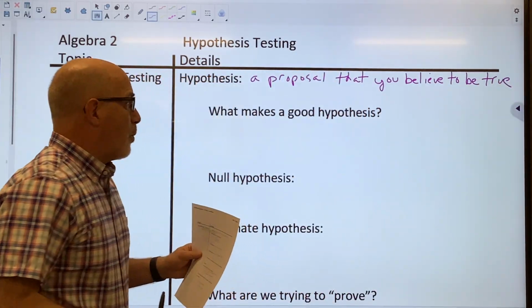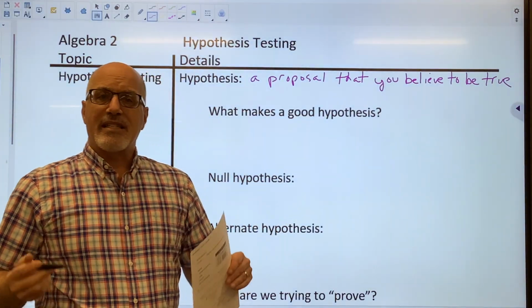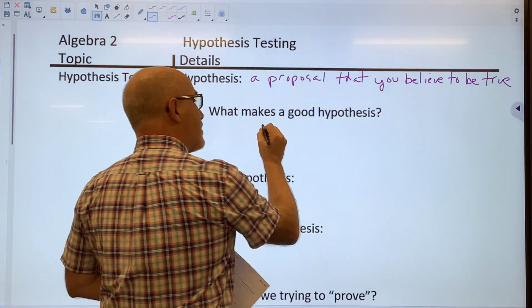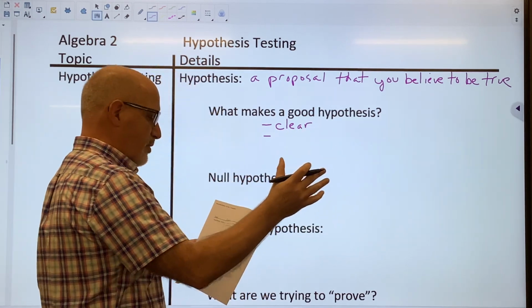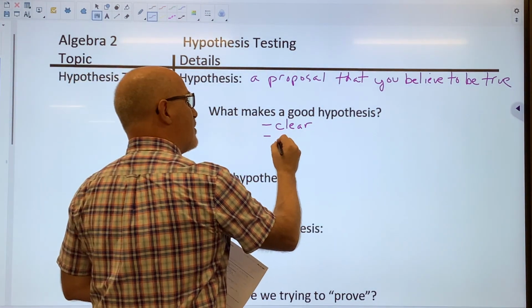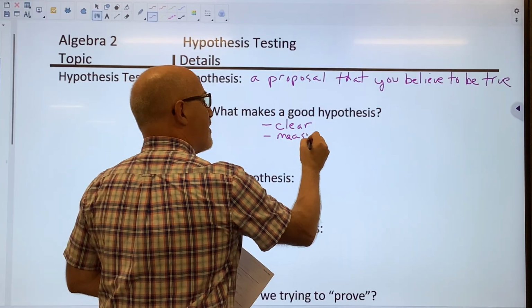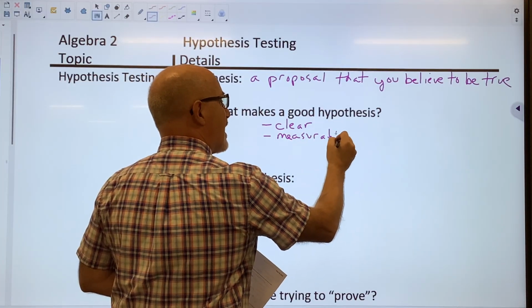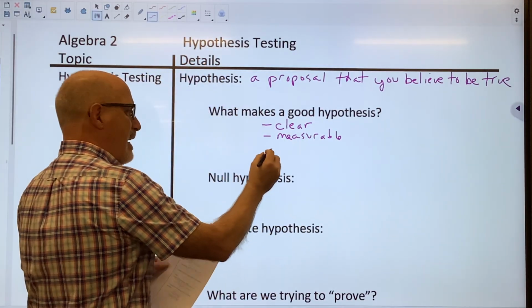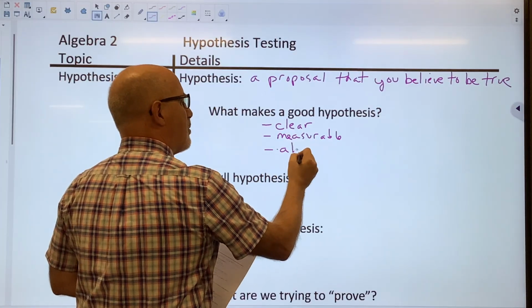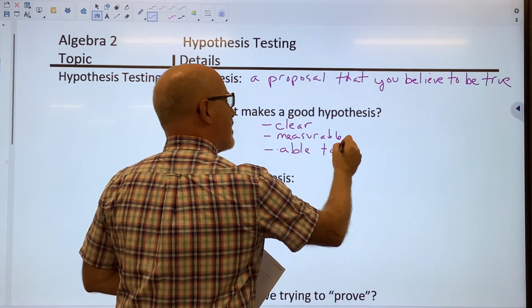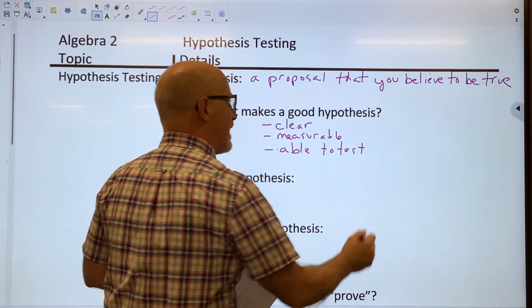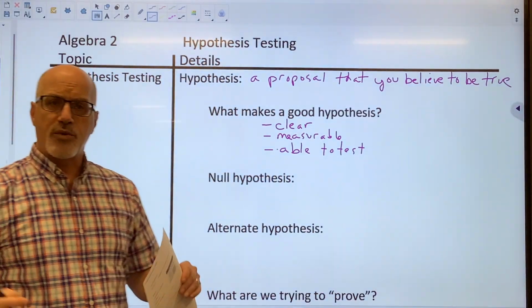What makes a good hypothesis is that it's a very clear statement, it's not ambiguous, that it's measurable, that you can do some testing on it and find out something that is actually quantifiable, and also that you are able to test it, or find some way to find out if it's true or not.